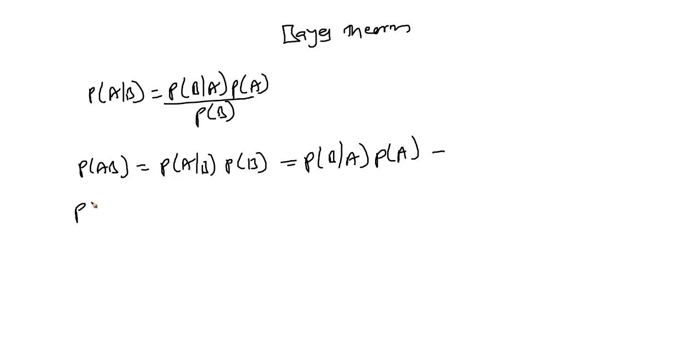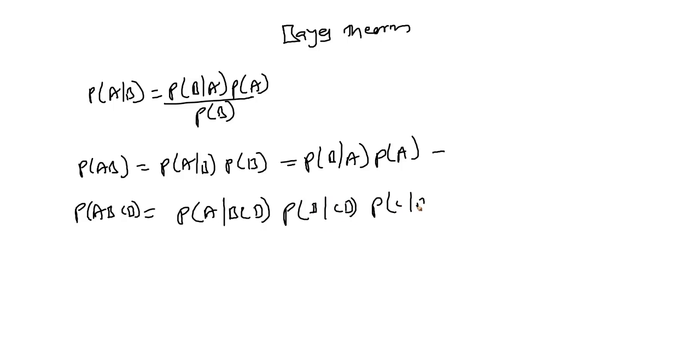I'll extend it to more variables and show how it looks. Probability of A given B, C, D, times probability of B given C, D, times probability of C given D, times probability of D, right? In fact, the order need not be the same.